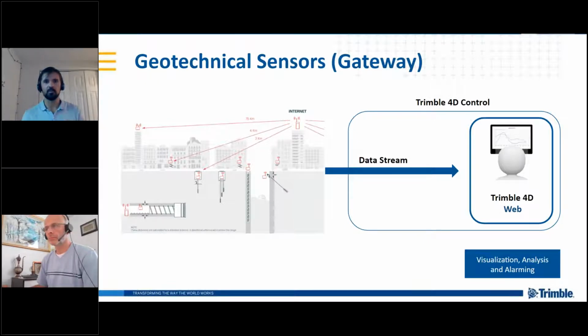So we're actually limiting and removing a few key elements that you saw in the file-based workflow, such as the T4D server, because all of the data is being streamed in real time to T4D web, so we can visualize those results in real time throughout that project lifecycle. So this is the new way of geotechnical monitoring that you see being used more often on projects.